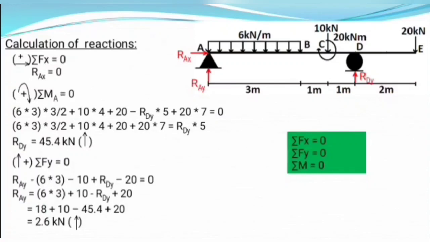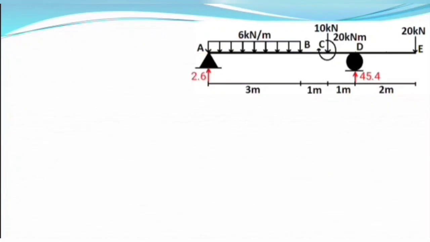So in this way, we calculated the values of all the reaction forces in this beam. Here I have substituted these values in the figure. You can see in place of RAY I have written 2.6, in place of RDY I have written 45.4, and in place of RAX I have written nothing because we obtained the value of RAX as 0.